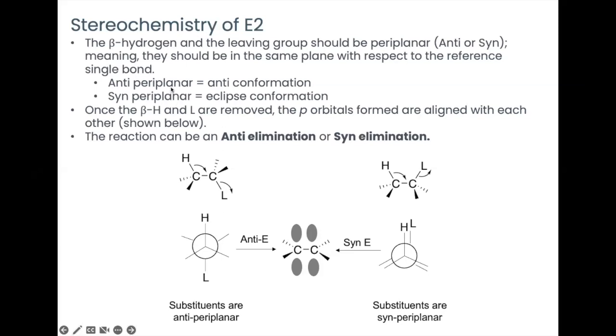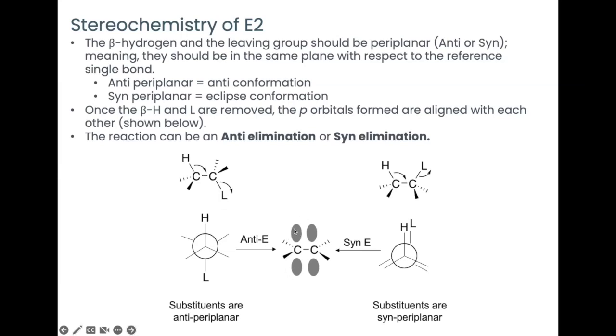Now, what happens here is once the beta hydrogen and the leaving group are removed, the p orbitals are aligned so that these p orbitals can overlap each other, forming your double bond. Kaya nagiging double bond sila. Okay? So halimbawa ito. So this is anti-periplanar. We remove the proton. We remove the leaving group. Okay?